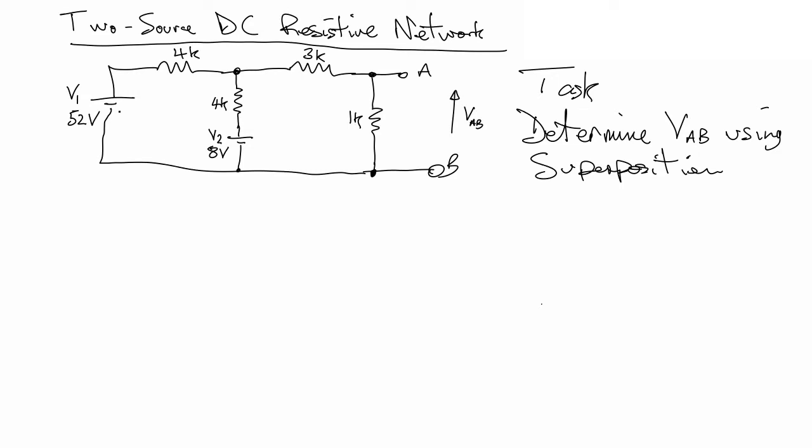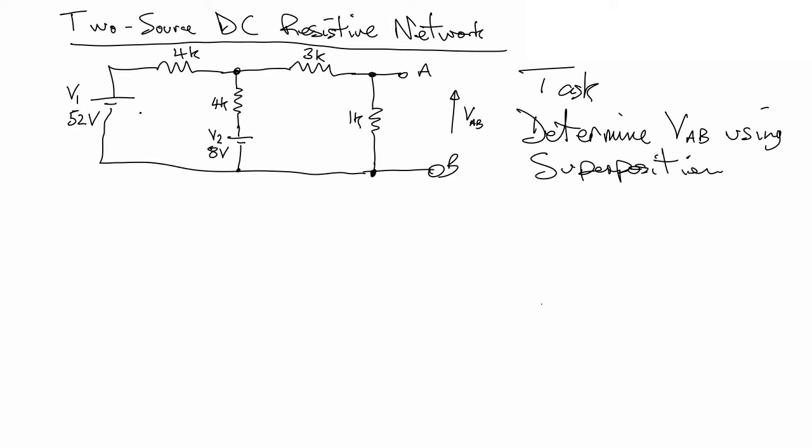So we've got two DC voltage sources here, and what we need to be able to do is to determine the contribution from V1 on the left here solely. That means replacing V2 with a short and then determine the voltage between A and B solely contributed by V1.